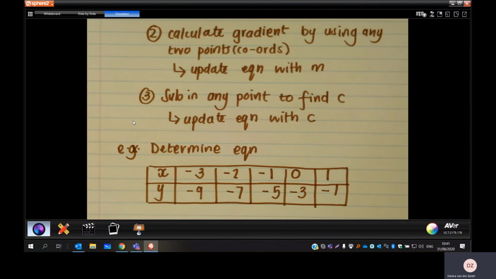What does it say after? "Using any two points," and then in brackets it says "coords" for coordinates. So let's draw the table, please. Example, determining the equation, and that's the table that I give you.